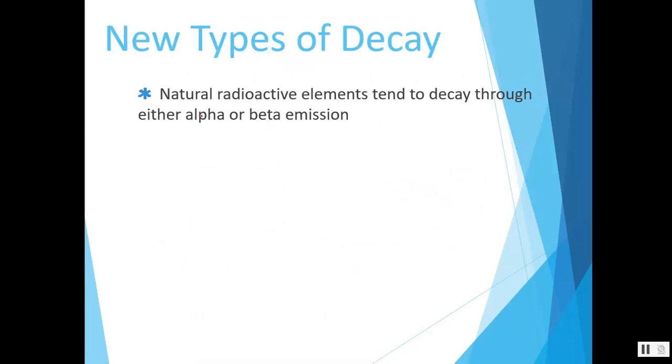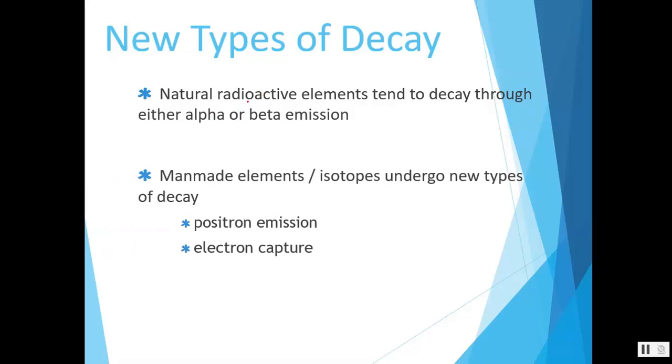So both alpha emission and beta emission we observe in natural elements that we find. However, there are other types of elements that we've made that can undergo new types of nuclear decay processes, specifically positron emission and electron capture.